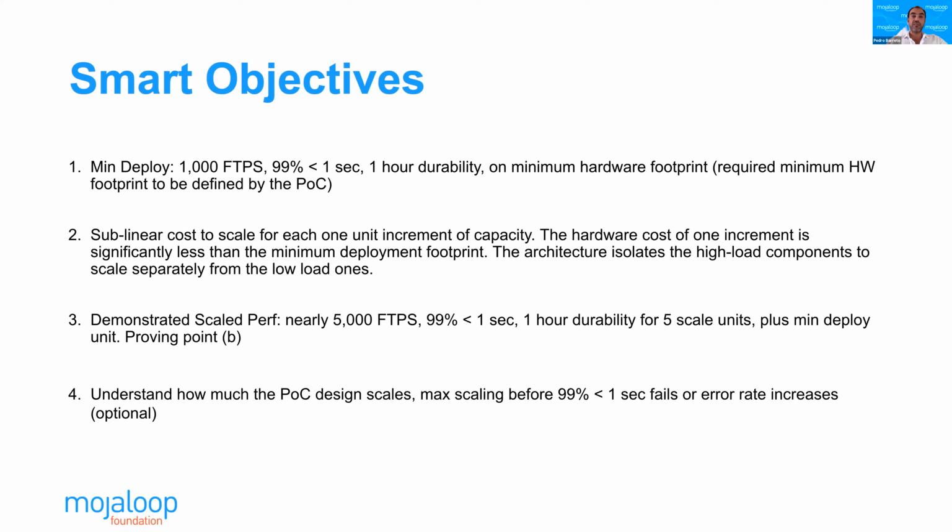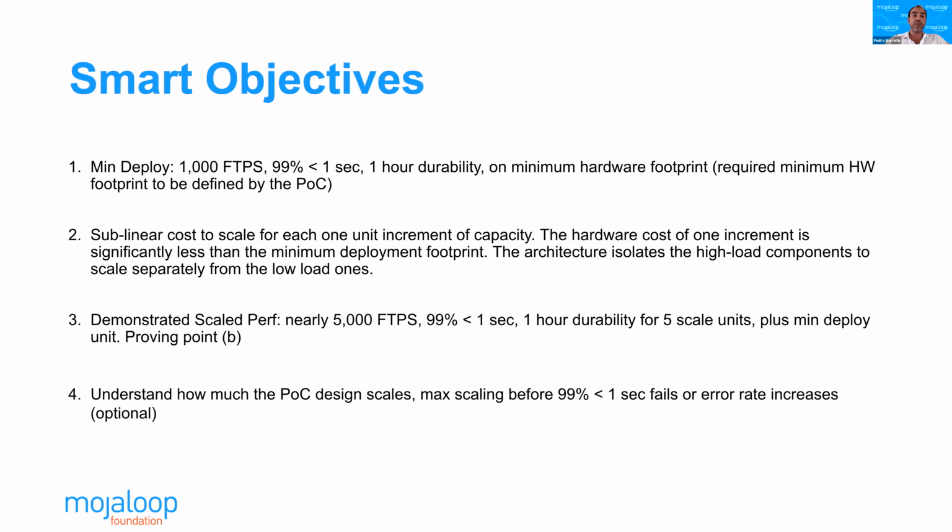The second objective is related to the scalability, which is, can we increment the system in terms of resources in a way that the steps relate to the increased workload, so that we have that close to linear scalability that we're after, the horizontal scalability. So basically, we need to have an architecture that gives us that.